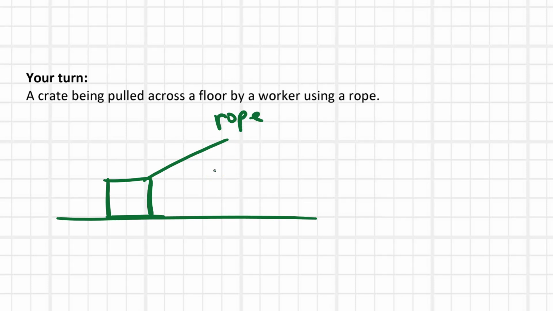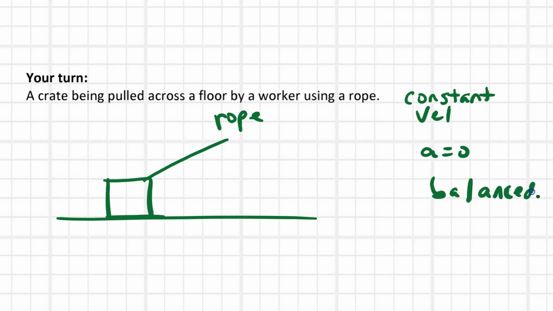I'm also going to say it's being pulled across at constant velocity. So hint, that means the acceleration is 0. That means the forces are going to be balanced. I want you to hit pause now and give it a shot, and then I'll show you my solution to it. So hit pause now.